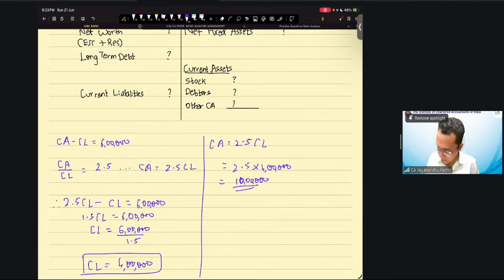So we have current assets as 10 lakh and current liability as 4 lakh.